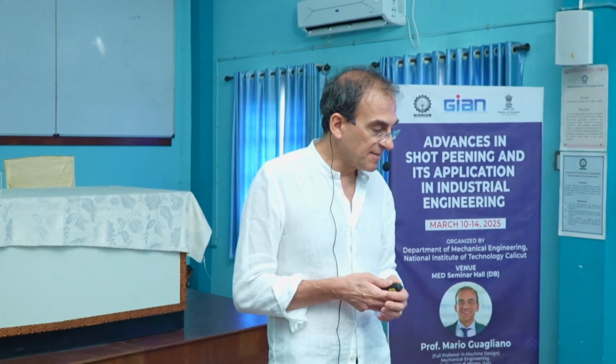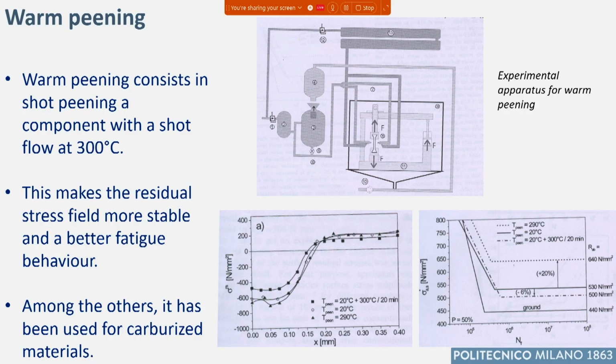And you see here the different results in terms of residual stress that can be obtained by means of the different treatments. So if you apply shot peening at 20 degrees, we have this trend.